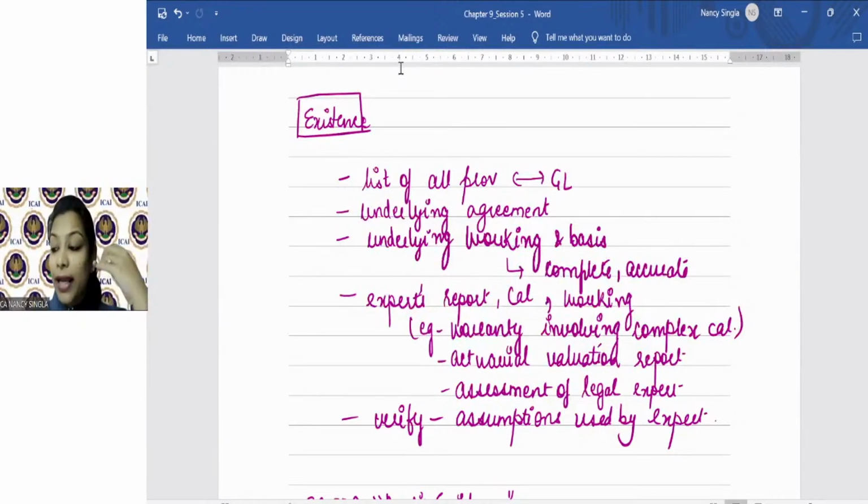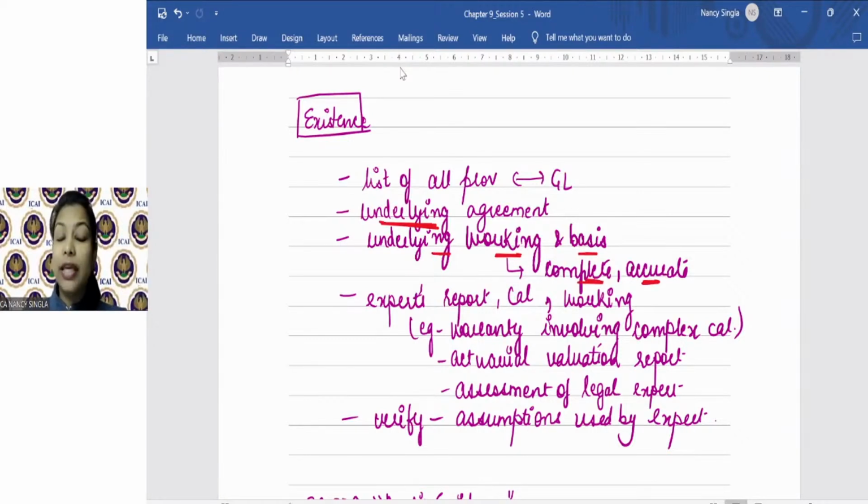So why am I repeating this word again and again? अब तो you should have learned कि अगर मेरे को exam में अच्छे marks लेने हैं तो I should use some command language. Underlying agreements, है ना? That is, the agreements that are the basis or foundation of that provision, है ना? Underlying working or basis complete है या नहीं, accurate है या नहीं.